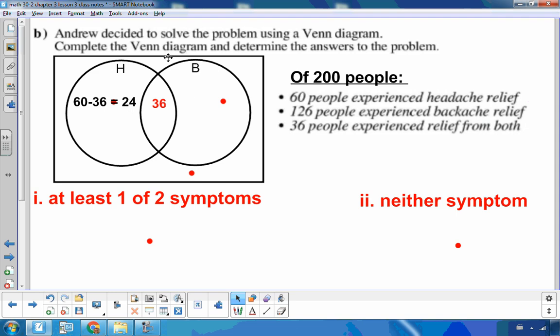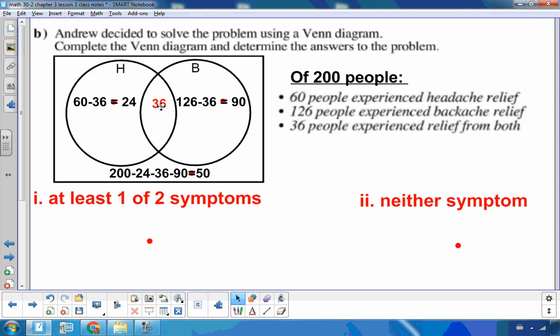For backache, that has to add up to 126, but there's already 36 in there. So 126, take away the 36, 90 people got relief just from the backache. Now this has to add up to 200 people. So on the outside, I take 200 and I subtract all of the ones on the inside to get 50 for neither. Now, let's answer the probability question.